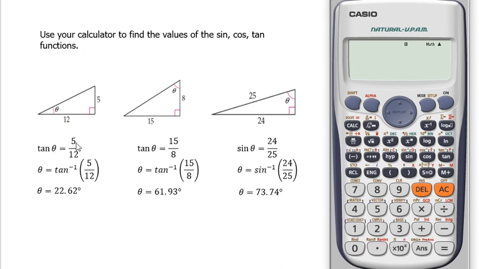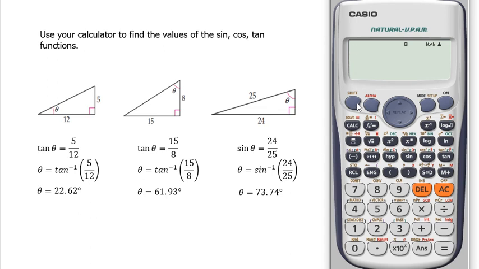So tangent theta is 5 over 12. So 5 over 12. Again, click SD to get the decimal form. 0.42. That's the value of the tangent function. But that's not what we want. What we want is the angle itself.